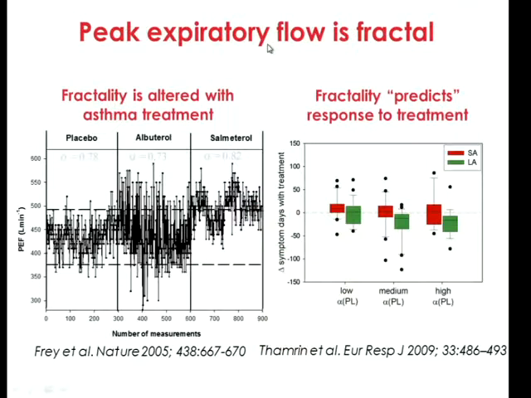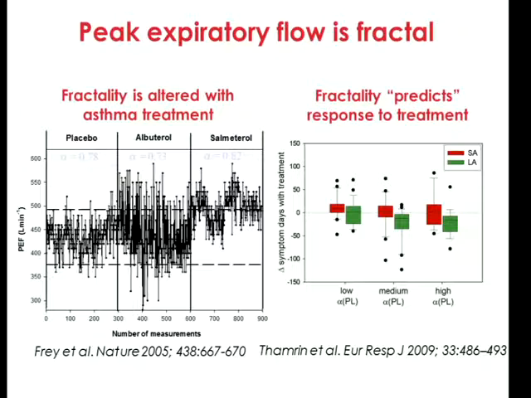It becomes very dry until you get to the point where you measure this slope, and then you find that it's related to treatment. My supervisor back in Switzerland measured these slopes in asthmatic patients over a 6-month period when they were not taking regular asthma drugs.